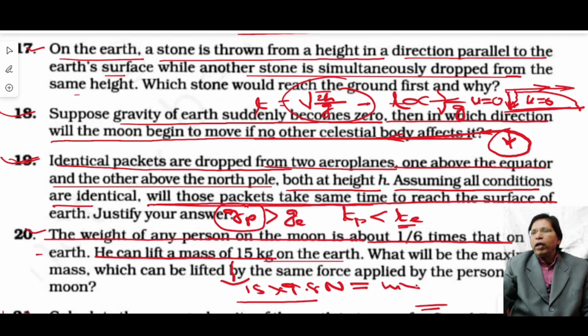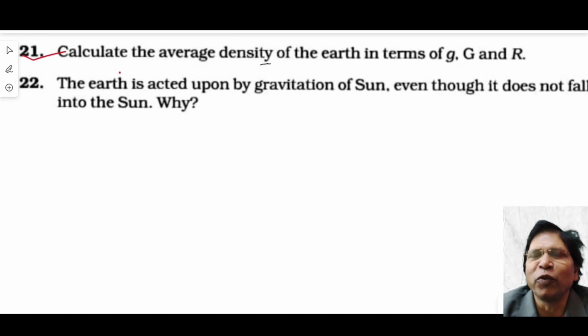So m into 9.8 by 6 equals that weight, so m equals 6 into 15, that is 90 kg. So the mass lifted by the person on the moon is 90 kg. Understood?